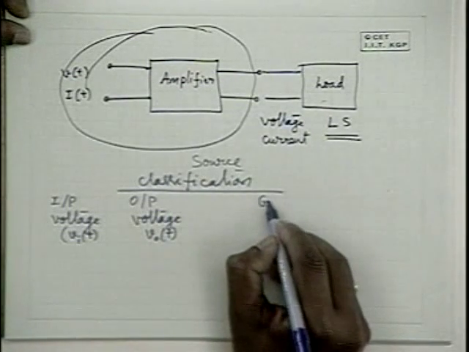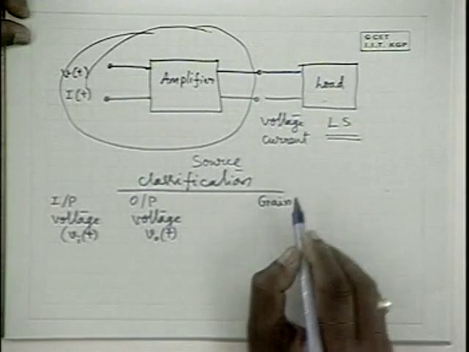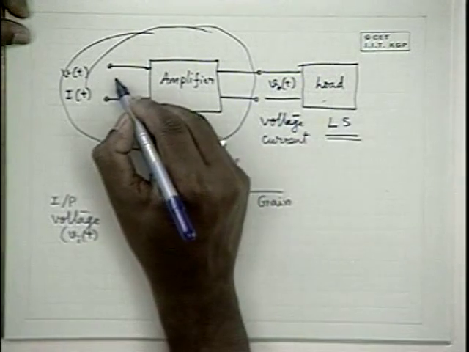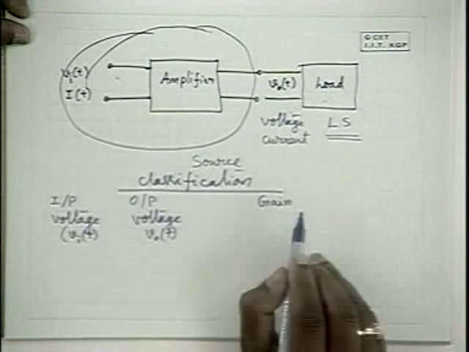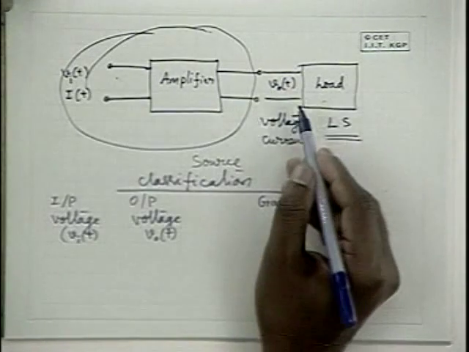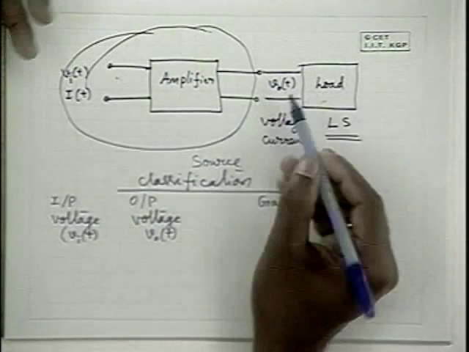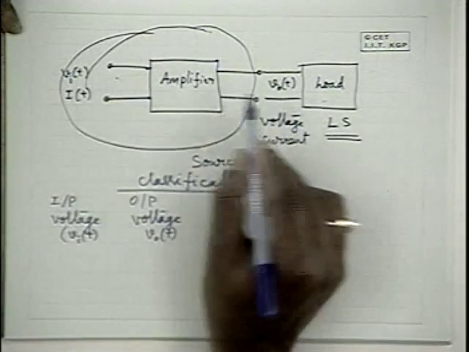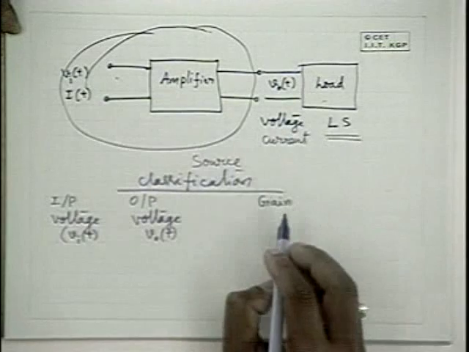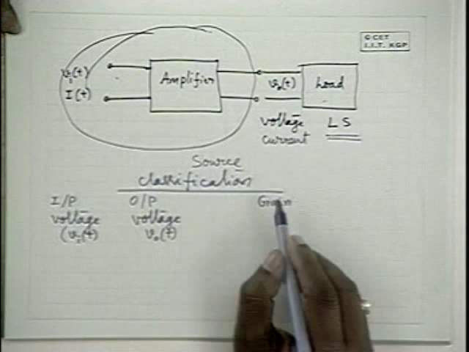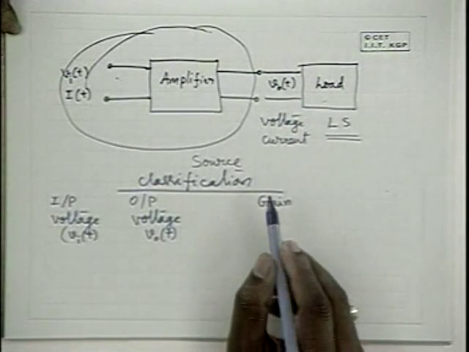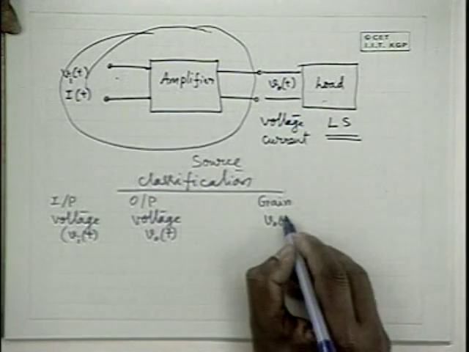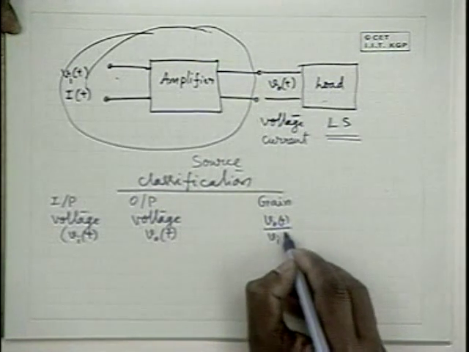Then the gain of the amplifier is defined as the output voltage divided by the input voltage. Naturally, if it is amplifying by 10 times, it means output is 10 times the input. So the ratio between the output and input is defined as the gain. Therefore, the gain, that means the transfer ratio between the output and input, is VOT divided by VIT.